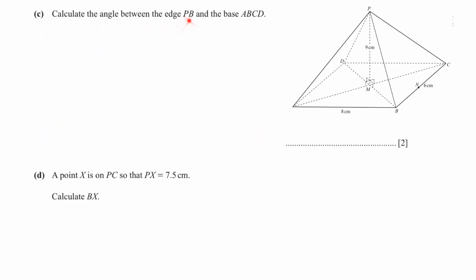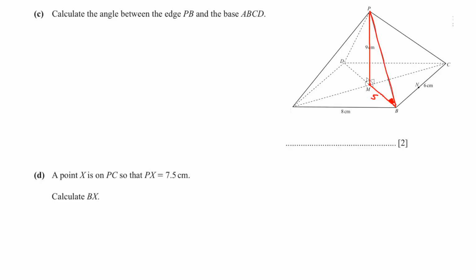Calculate the angle between the edge PB and the base ABCD. So this is what we are looking at, the triangle, and we have to find the angle between the base ABCD and PB. This is the angle. We know that BM is 5 and PM is 9.